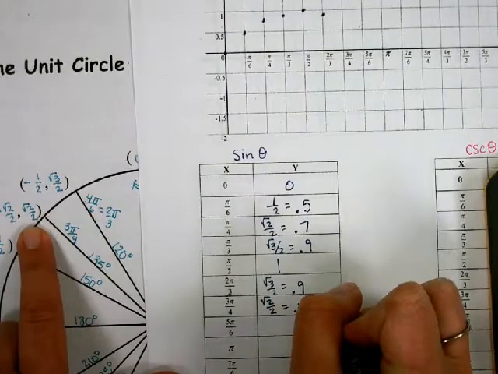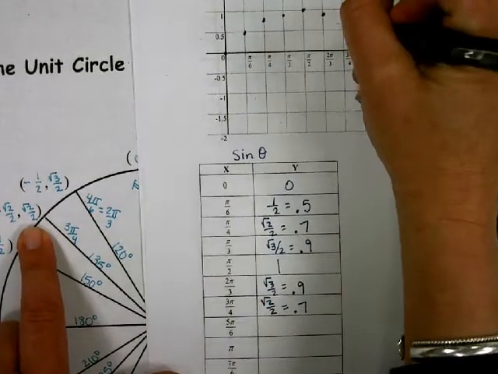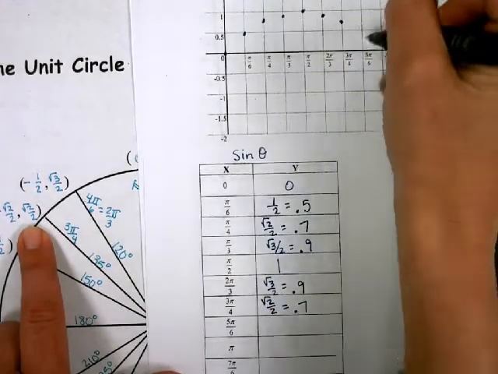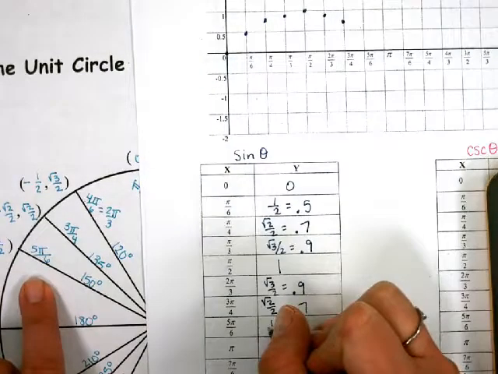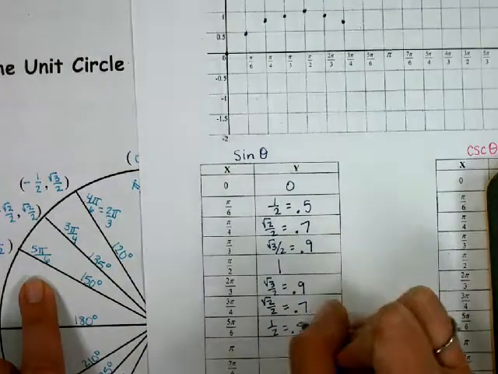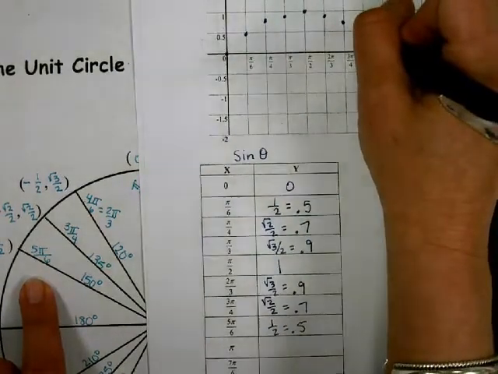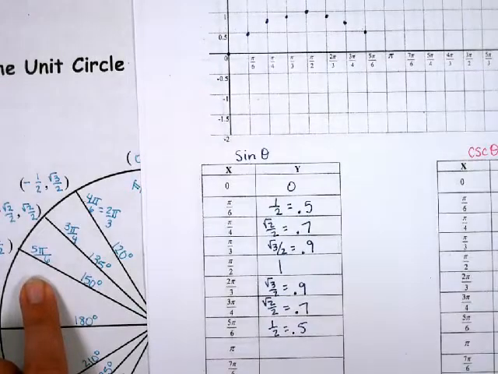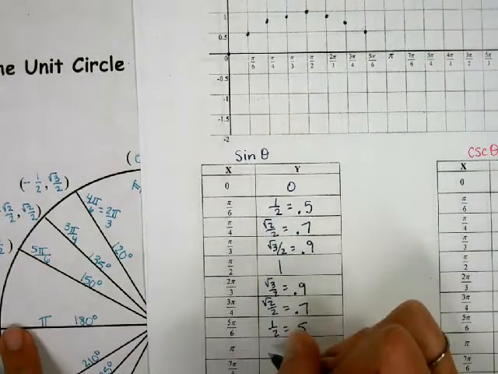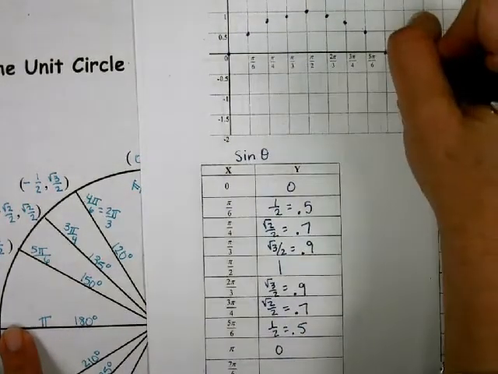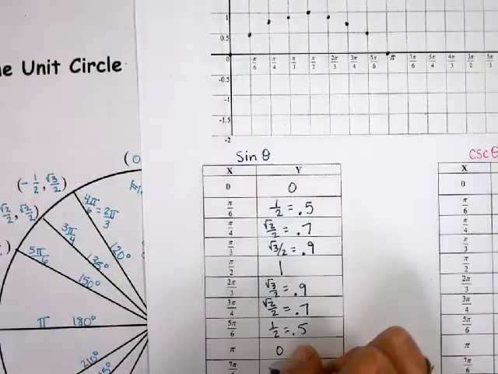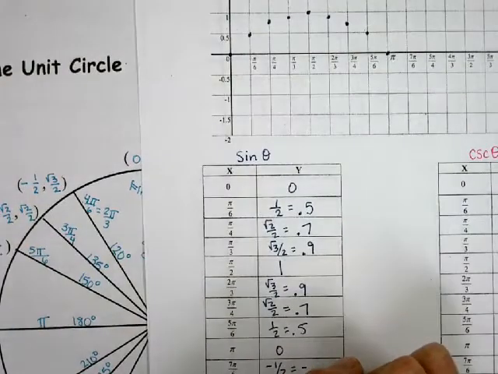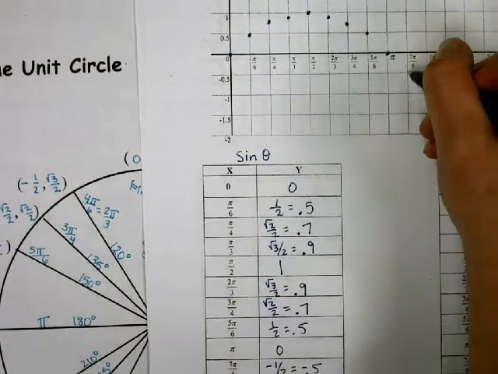We already put that in our calculator, so 0.7. 5 pi over 6 is a half, so 0.5. Pi is 0. 7 pi over 6, negative 1/2, so negative 0.5.